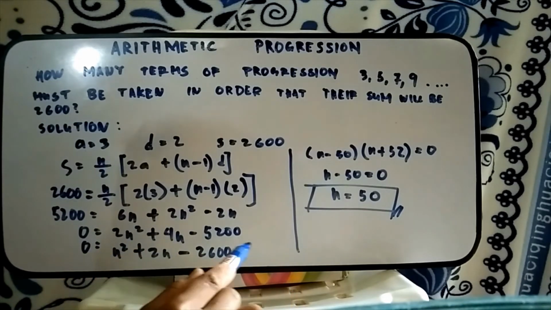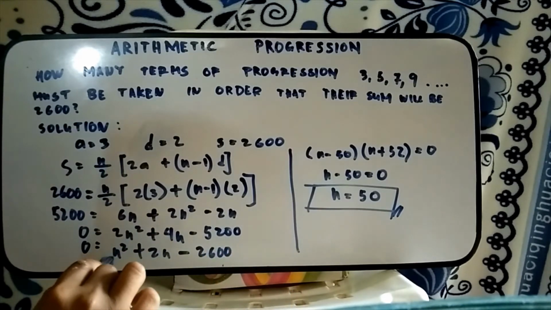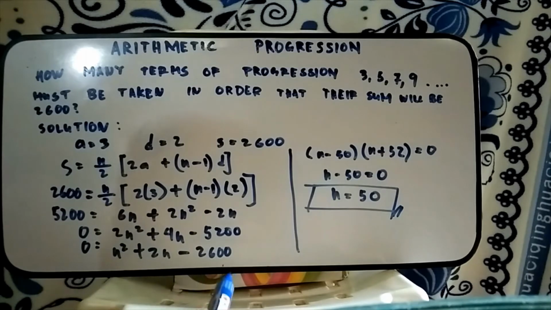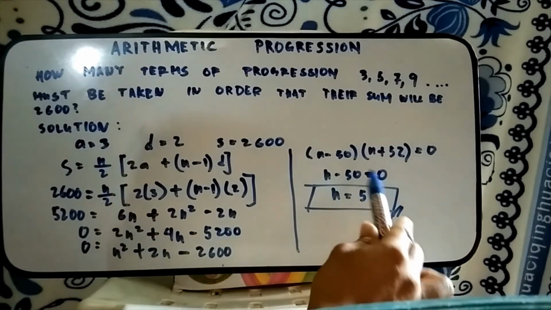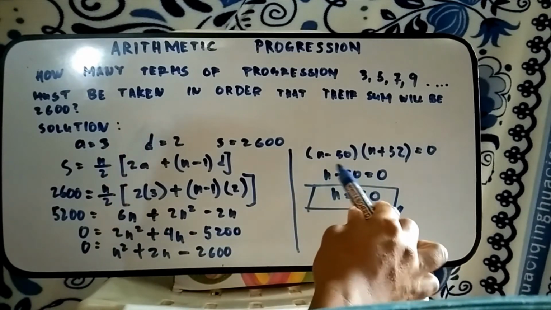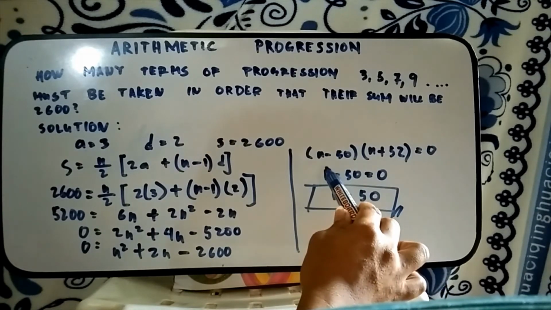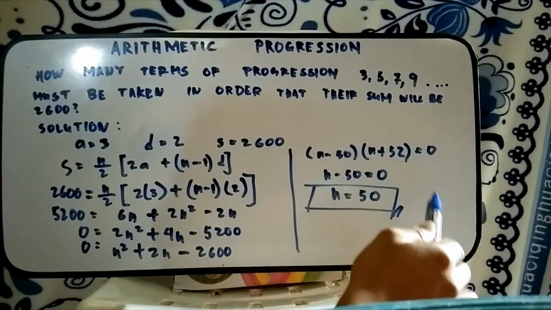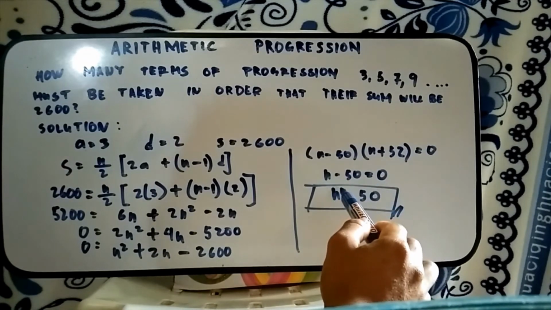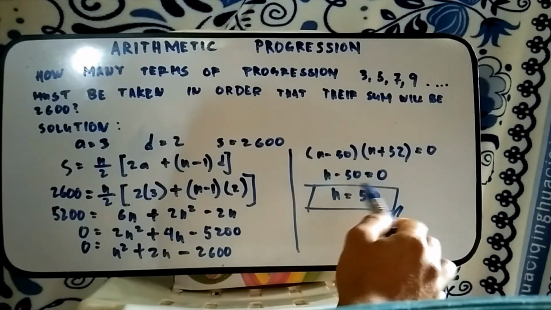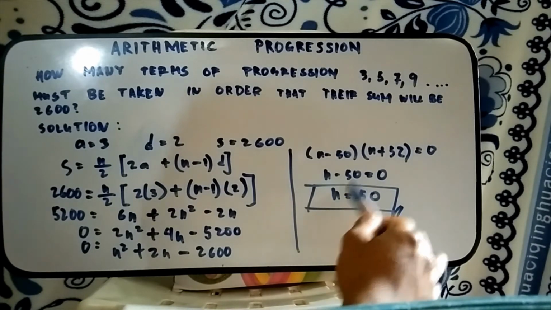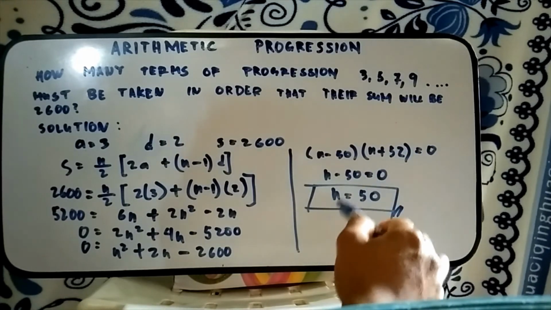Divide it by 2, so our equation is n squared plus 2n less 2,600. Factor our equation, we get n less 50 times n plus 52. n less 50 is equal to 0. The 50 we transpose to the other side, so n is equal to 50.